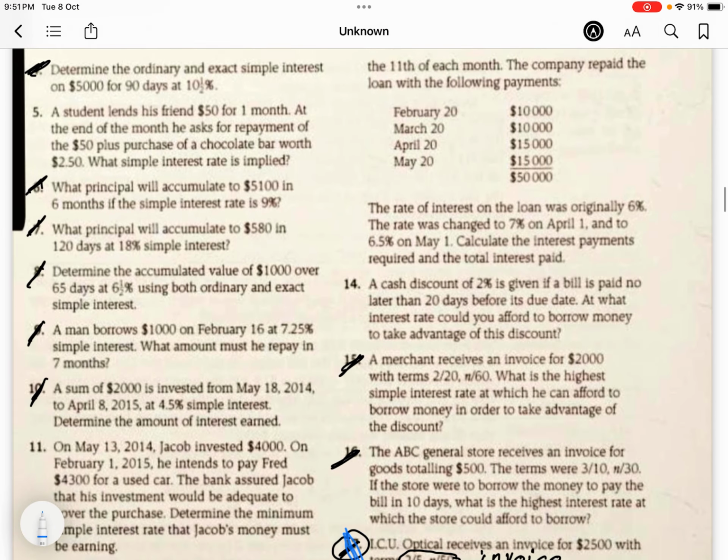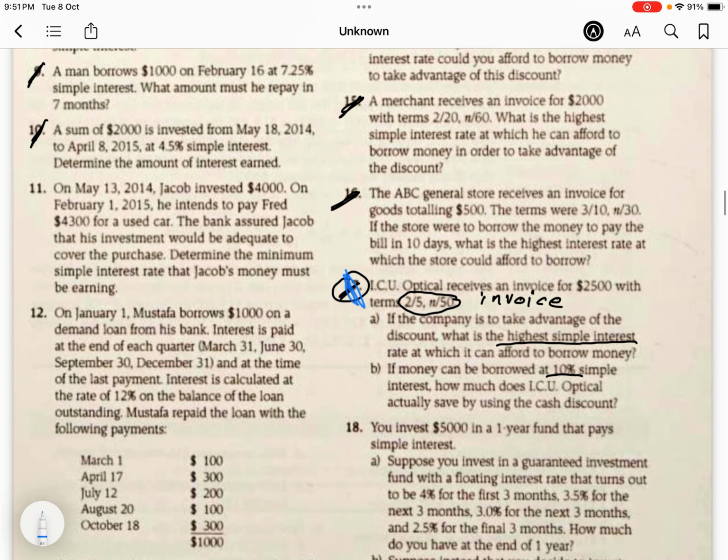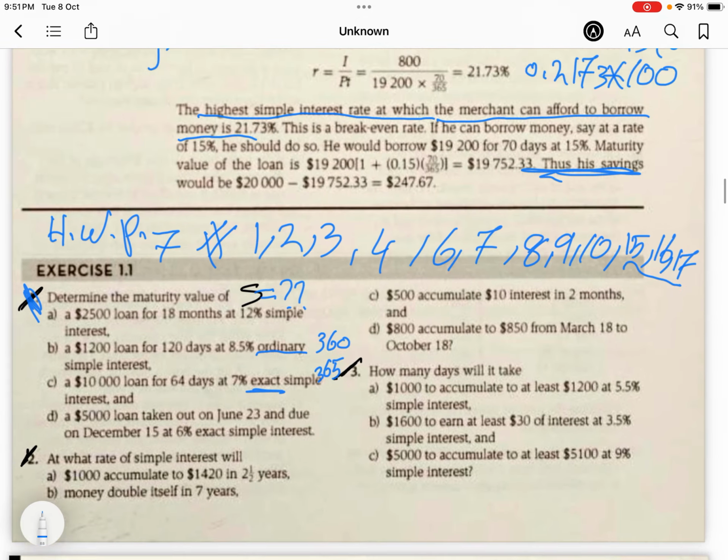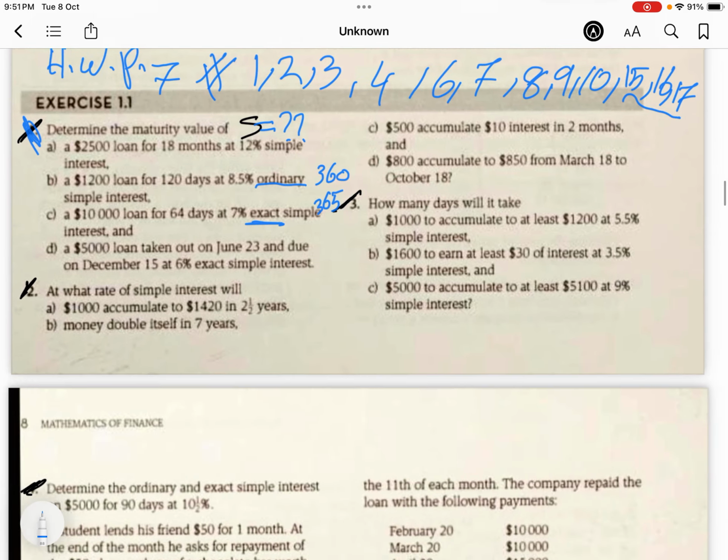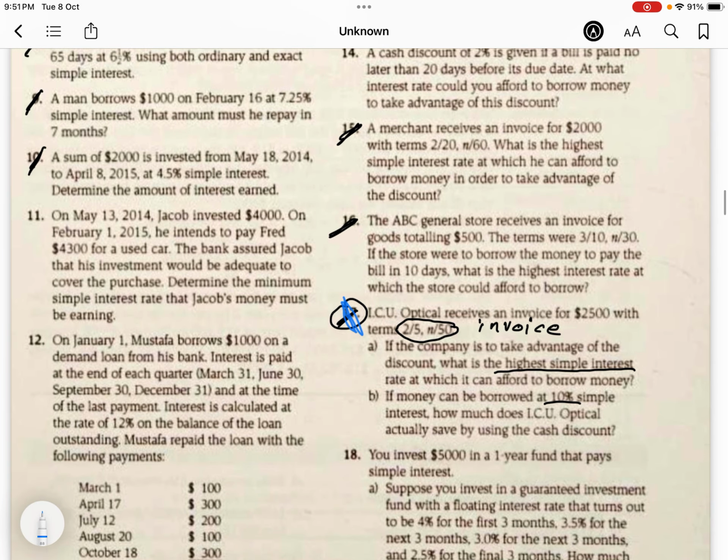We will return to question number 17 here, which is on example number 7. I solved number 17. ICU Optical receives an invoice for 2,500 with terms 2/5, N/50. This means that it is an invoice.